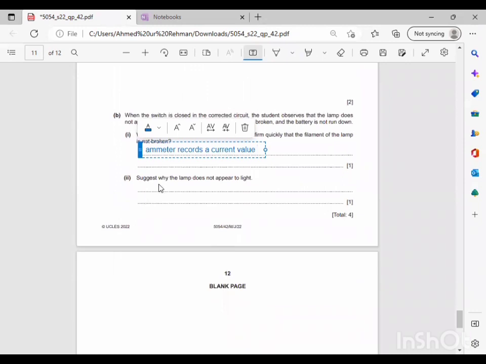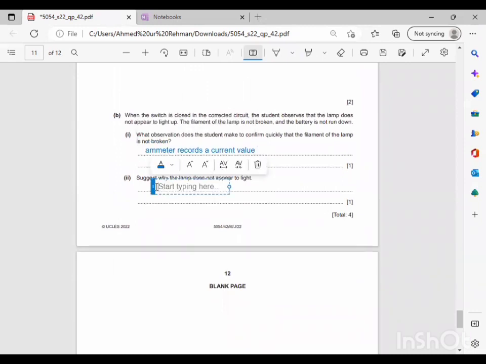So the resistance of the rheostat is very high, so the current is too low to light up the lamp. Right, so I think that's it for this paper.